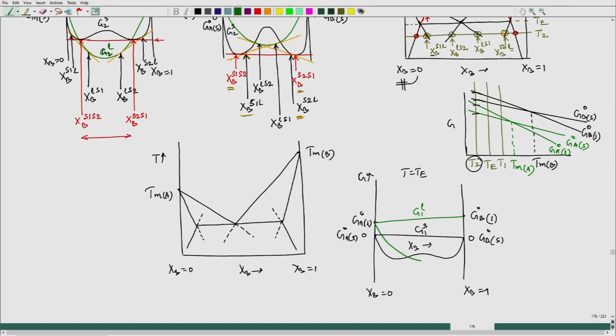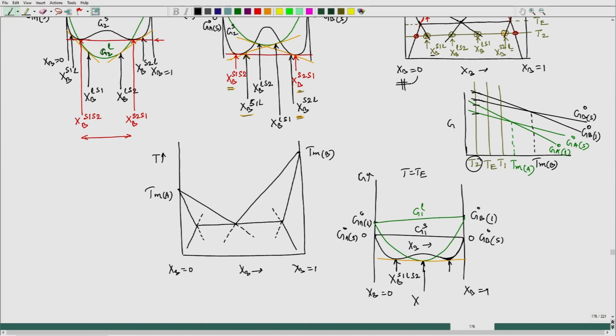Now, the diagram would be, I am just drawing it with schematic representation. There will be a common tangent and that common tangent will pass through these three compositions. So, these are x p of S 1 in equilibrium with liquid and S 2.